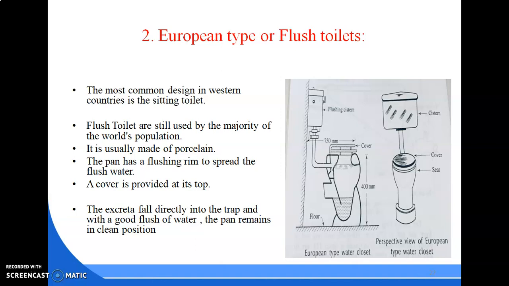The excreta fall directly into the trap, and with a good flush of water the pan remains clean. This is the cross section of this type of flush toilet. The overall length varies from 500 mm to 600 mm and the height varies from 350 mm to 400 mm. The pedestal type European water closet is commonly used. It is also sometimes referred to as the commode type water closet or WC.